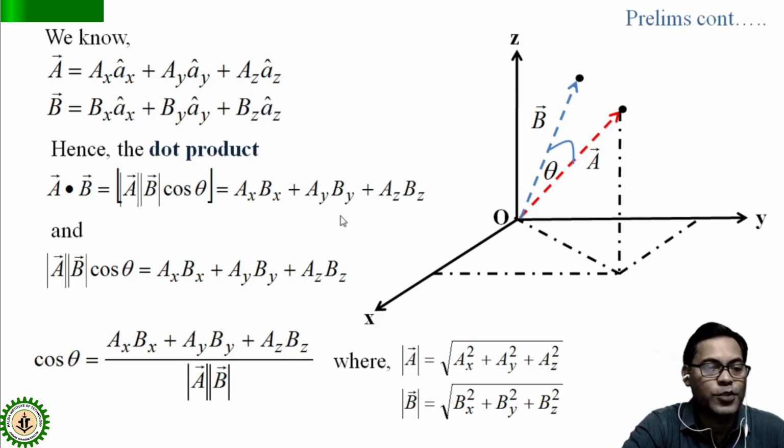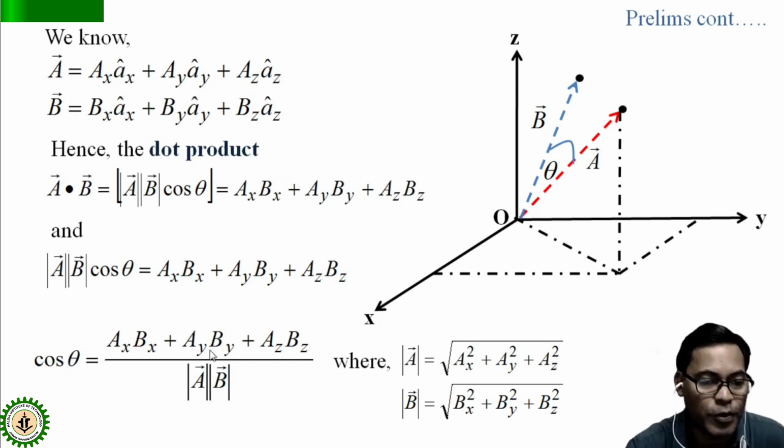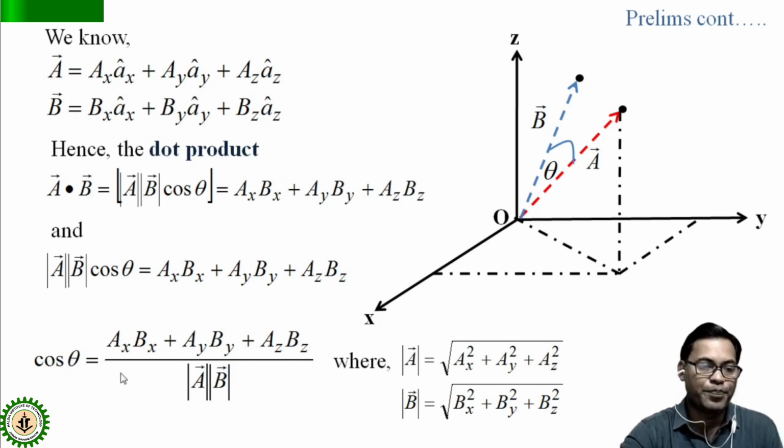From that expression we can also find the angle between these two vectors: cos theta equals Ax Bx plus Ay By plus Az Bz divided by mod of A into mod of B, and the mod of A can be found easily, that is root over Ax square plus Ay square plus Az square, and similarly for B.